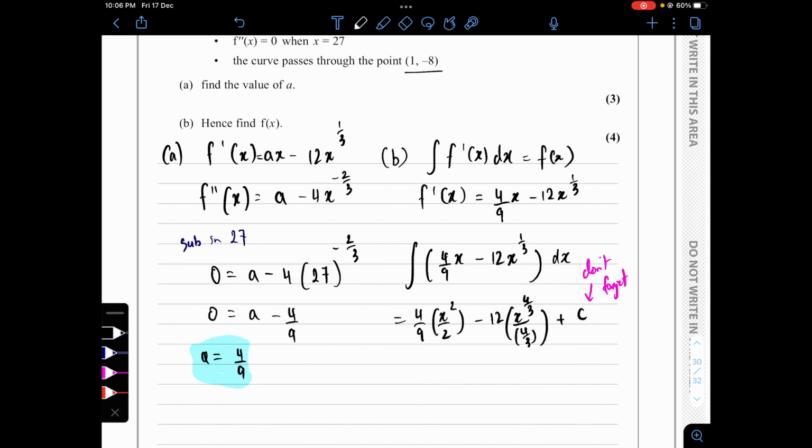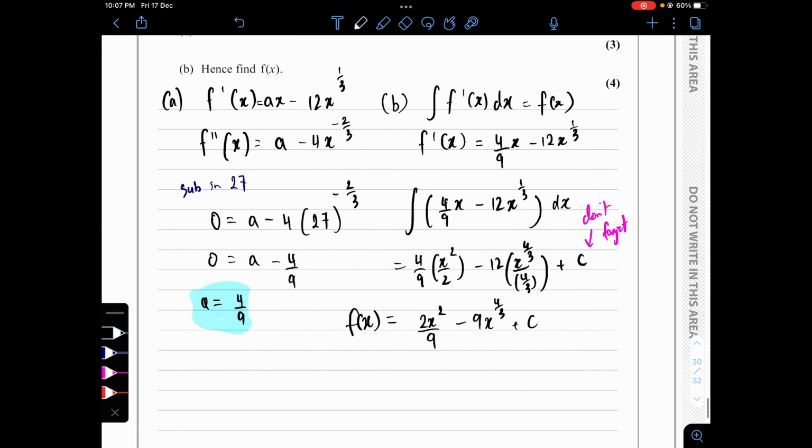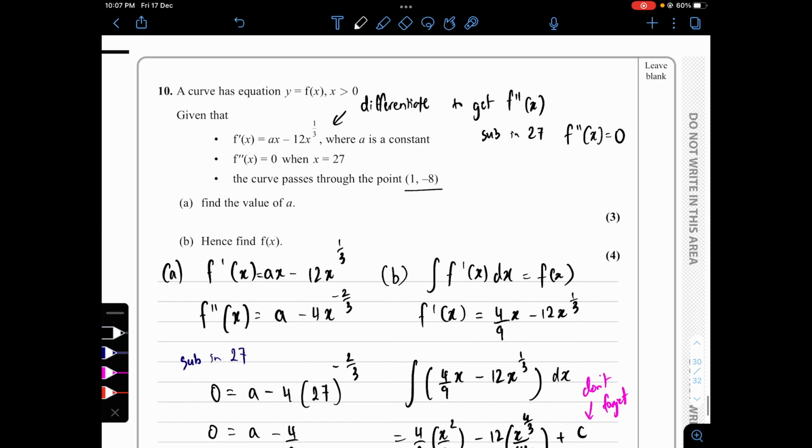So now we can simplify all this. That'll be 2x squared over 9, then minus 9x to the power 4 over 3 plus c. Now this is f of x so far. Are we done here? No, we need to find what c is. This is where this comes into play.